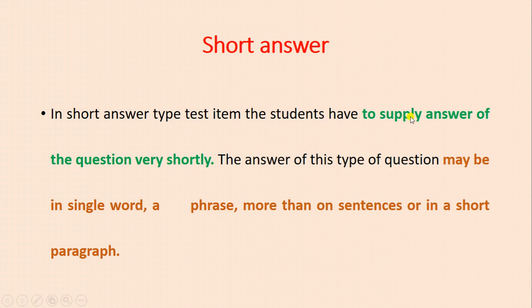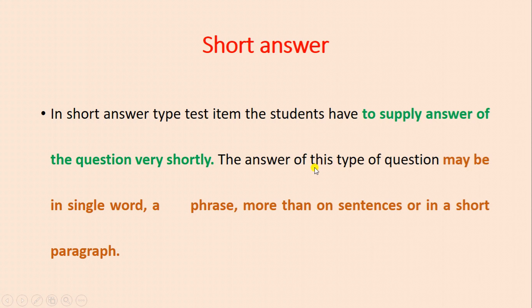So students have to supply the answer very shortly. The answer of this type of question may sometimes be a single word, sometimes a phrase, and sometimes more than one sentence or a short paragraph.